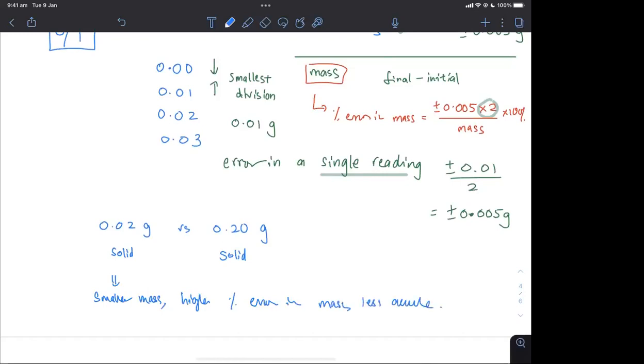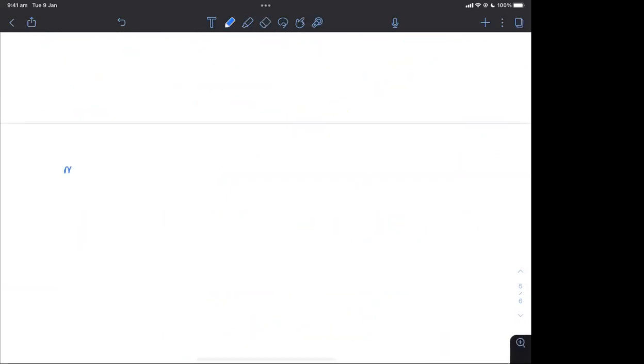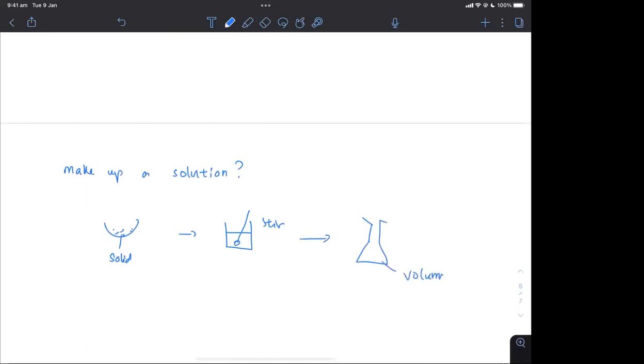So one of the popular questions involve making up a solution. Have you heard of making up a solution before? Who has never heard of making up a solution before? When you have a solid, and then you put it inside a beaker, and then you add distilled water, and then you stir. Okay, and then after that, you pour into a volumetric flask.